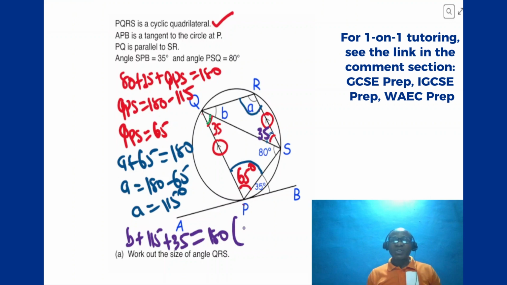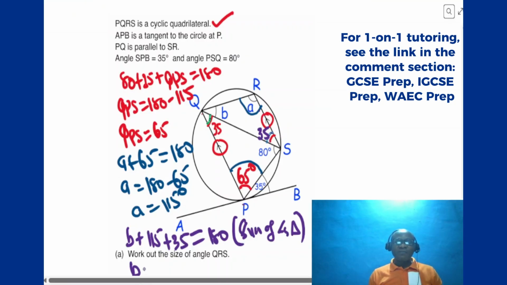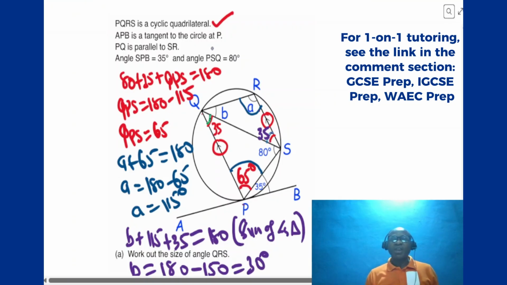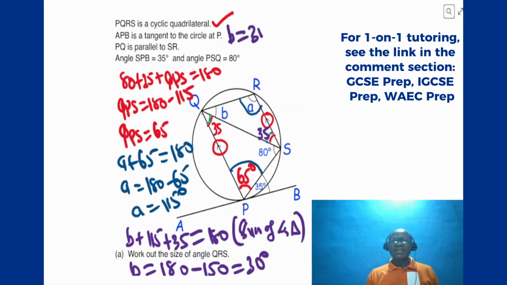Sum of angles in a triangle. So what will I do now? The value of B will be equal to 180 subtract 35 plus 115. What is it going to give us? 35 plus 115 will give us 150. So I subtract 150, and that is going to give me 30 degrees. In conclusion, the value of B is equal to 30 degrees.